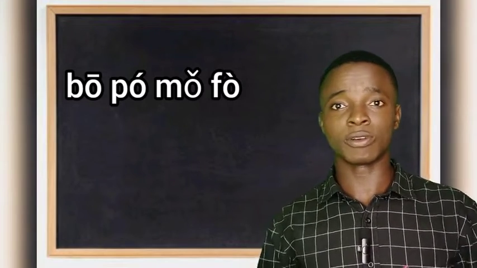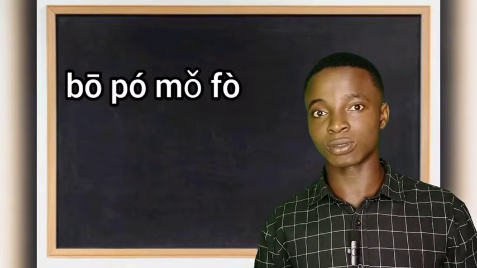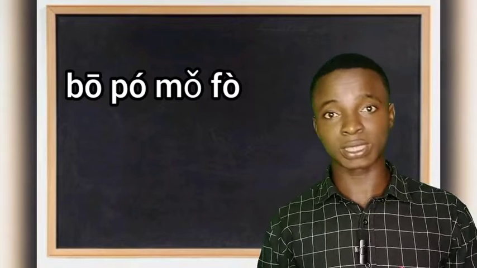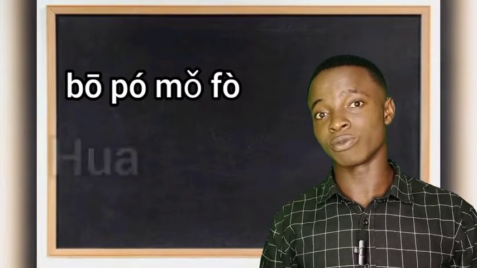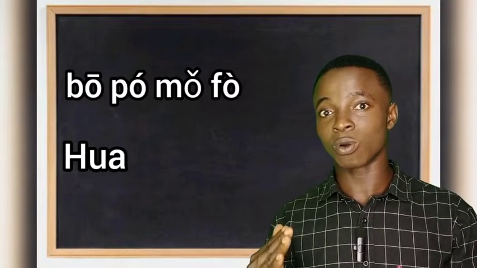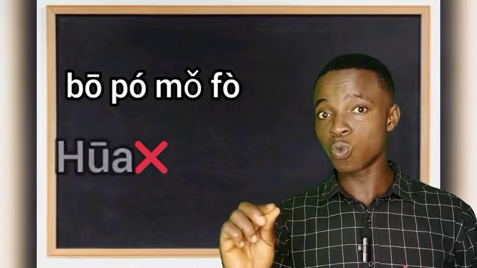We only need to follow it alphabetically. So that means, if in a syllable we have compound finals, what we should do is follow it alphabetically. Meaning what? For example, if we have ua in a syllable, for example hua, we should not mark our tone on u.